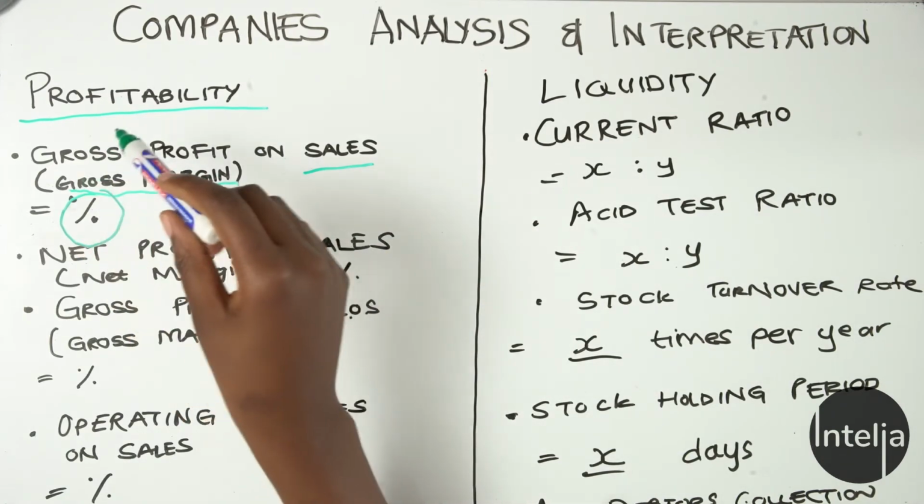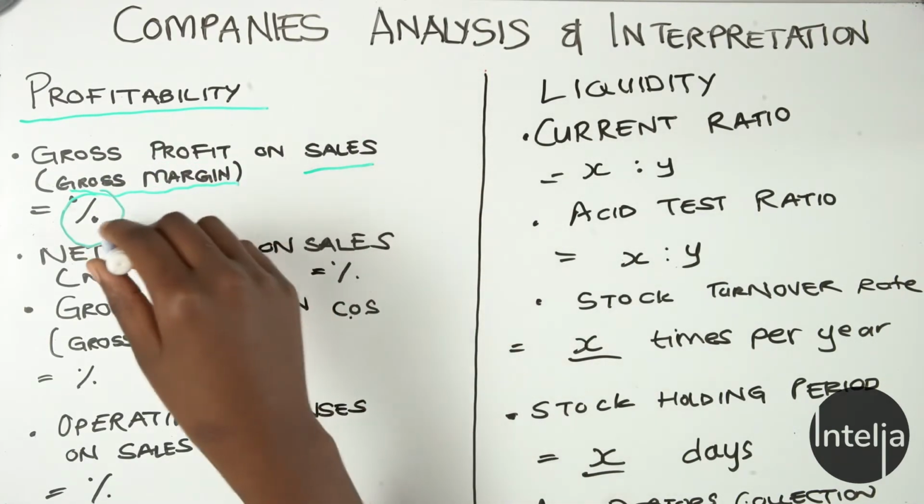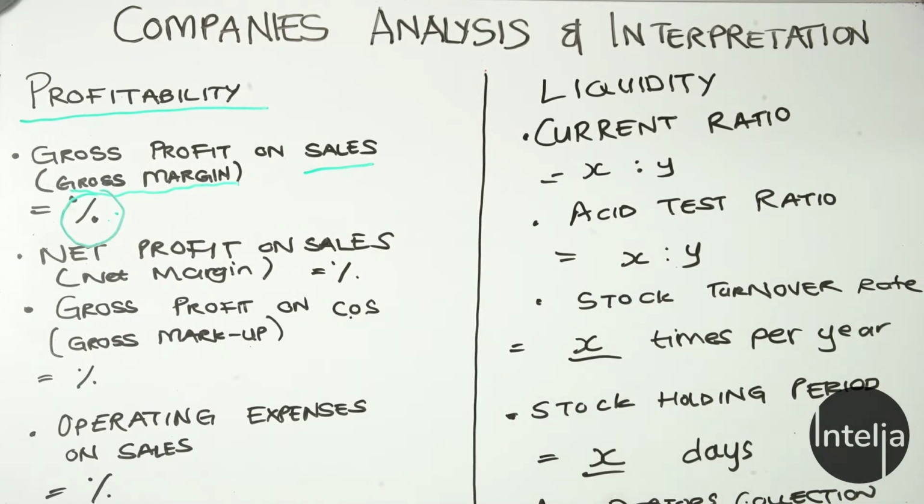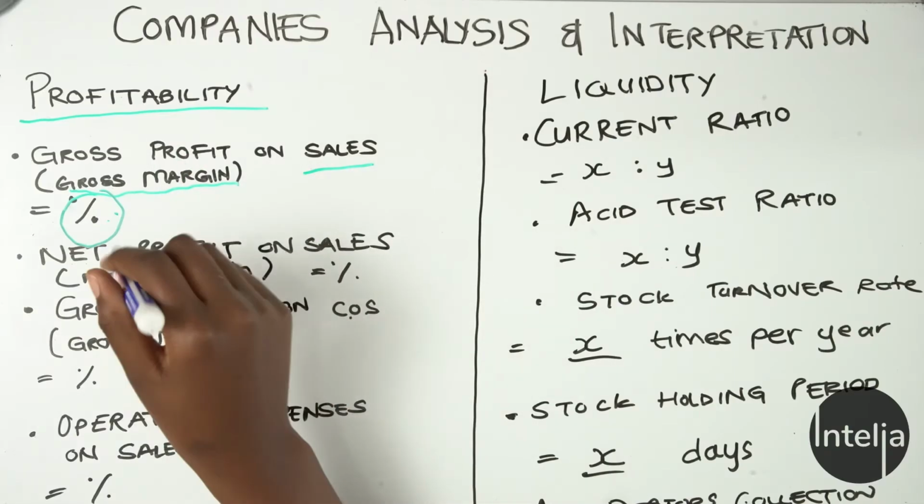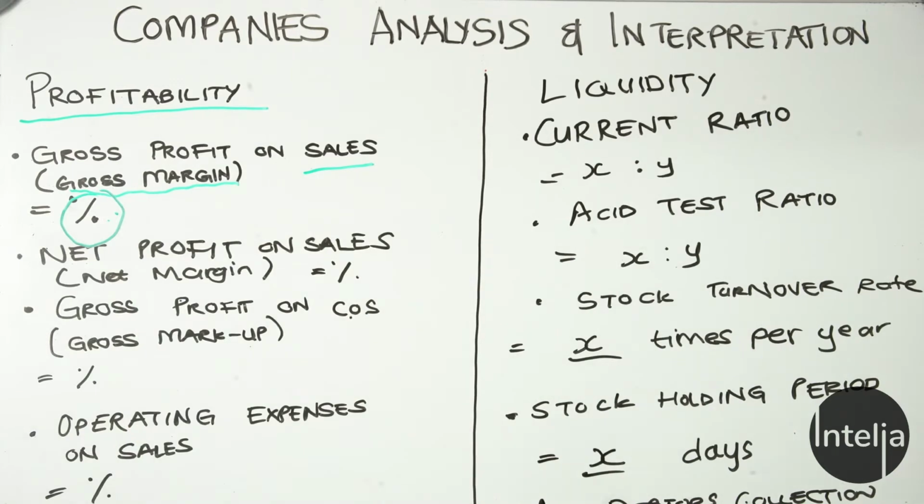Now, we've said the gross profit on sales is always a percentage, right? It indicates the percentage by which the selling price is greater than the cost price. So a decrease in this particular ratio will indicate that there's pressure on the selling price as a result of competition between companies.